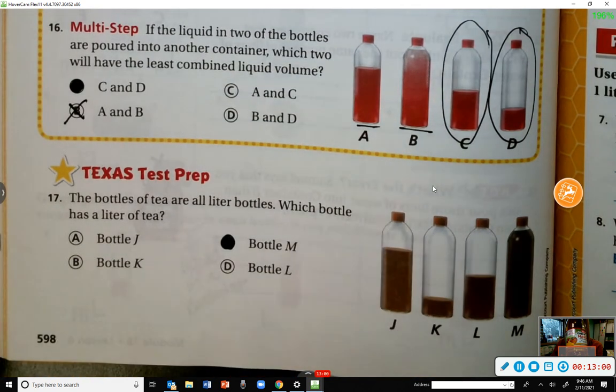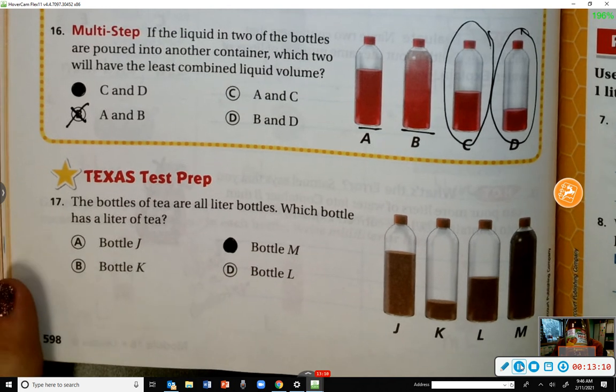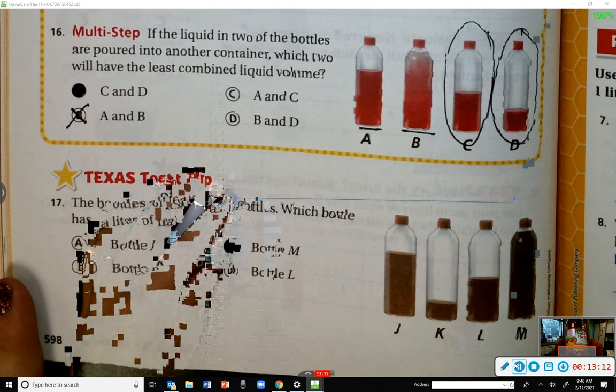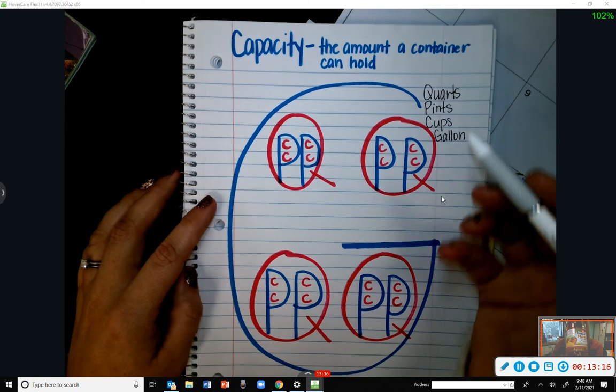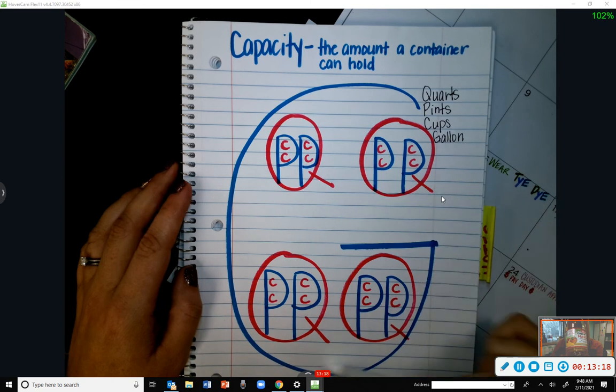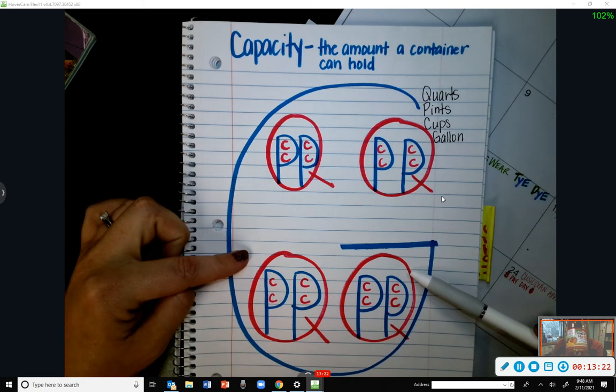Okay, so now you've practiced using customary and metric volume. We're going to write a couple of things in our notebooks now. So get out your math notebook. Okay, so this is what we drew yesterday in our spirals. We have the big G stands for gallon. It has 4 quarts inside of it.